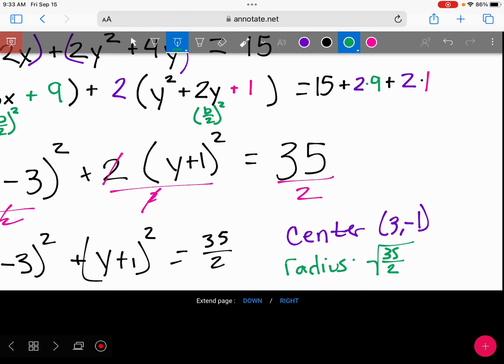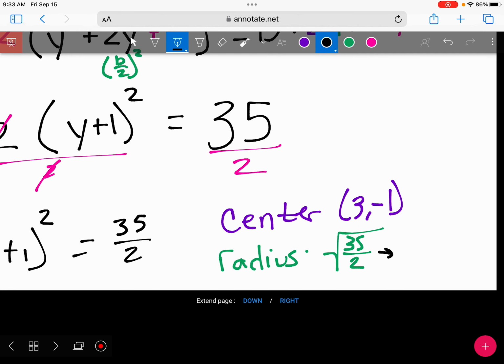Minor problem with that. Square root in the denominator. You're thinking too hard about it, because we don't have any adding or subtracting down there. How can I make my denominator not a square root? Because this is square root of 35 over square root of 2, right? What do we need to times it by?